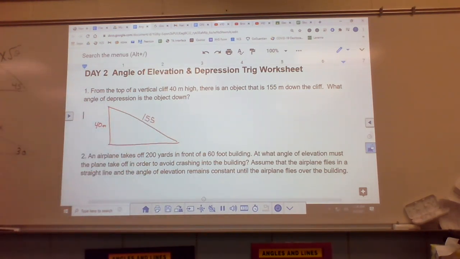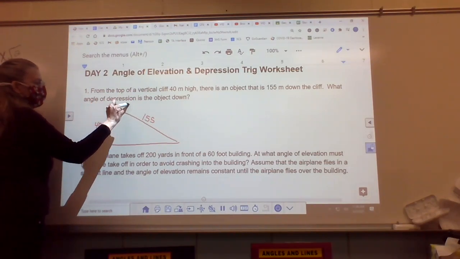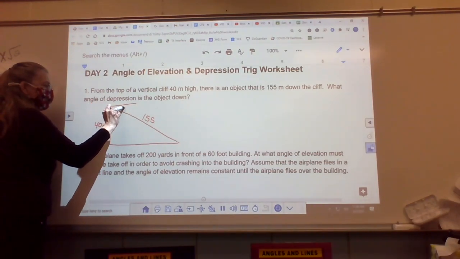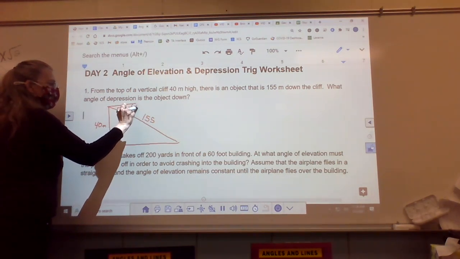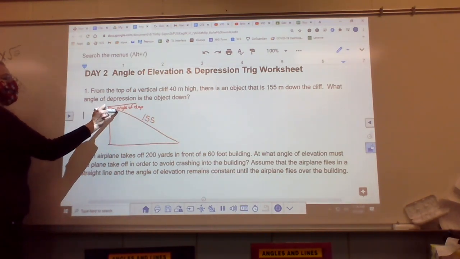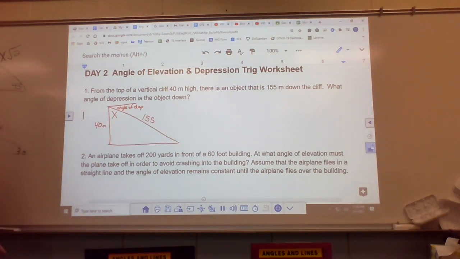Now remember, angles of depression are always a little bit tricky because they're not really even part of the triangle. So the angle of depression is going to be here. Angle of depression. But then this is the angle I'm going to actually find in the first place. So once I find the angle inside the triangle, I'm going to find the angle of depression.